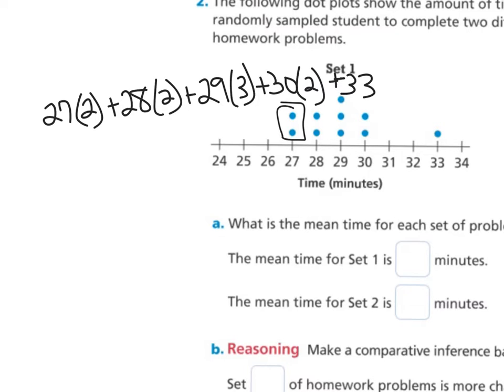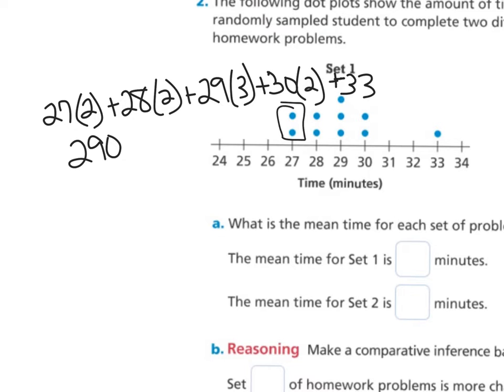Okay? Like I said, you can do it like this, or list all the dots out individually, and we're going to add those together. When you do these, if you're finding the mean, at a minimum, I want to see your total and the number you're dividing by. Do not just put your answer down. Show me at least the total and what number you're dividing by. So adding these together should be a total of 290.